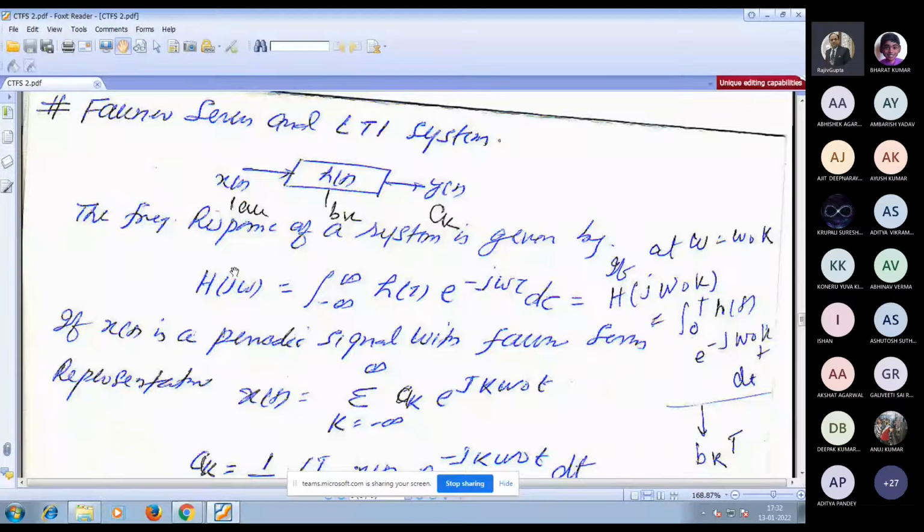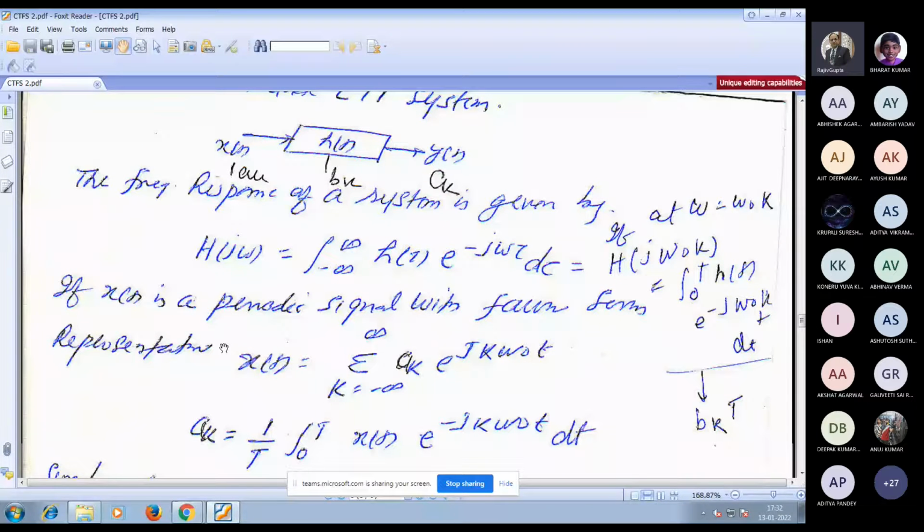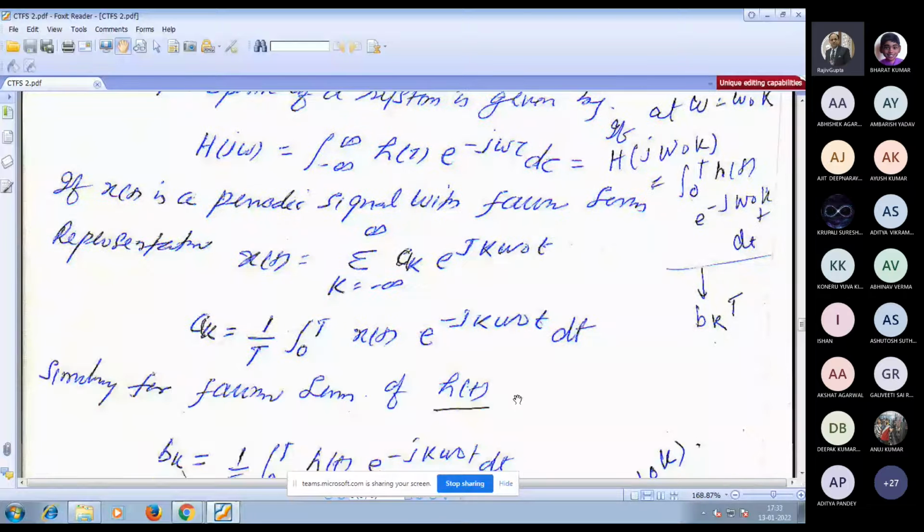We know the frequency response of the LTI system, H of j omega, is the integral from minus infinity to infinity of h of tau e to the power minus j omega tau d tau. And we have the relation for Fourier series coefficients: x of t is the summation over k from minus infinity to infinity of a k e to the power j k omega naught t, where a k is 1 by T times the integral from 0 to T of x of t e to the power minus j k omega naught t. Now similar things you can write for h of t.